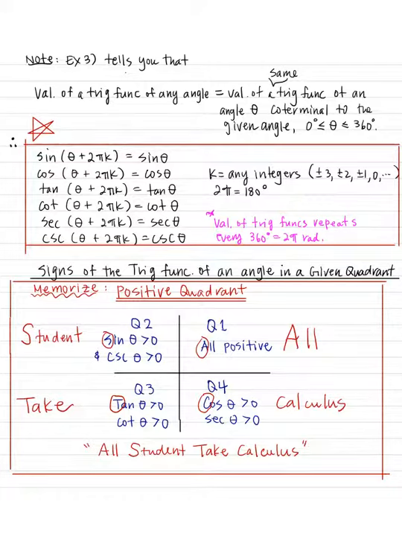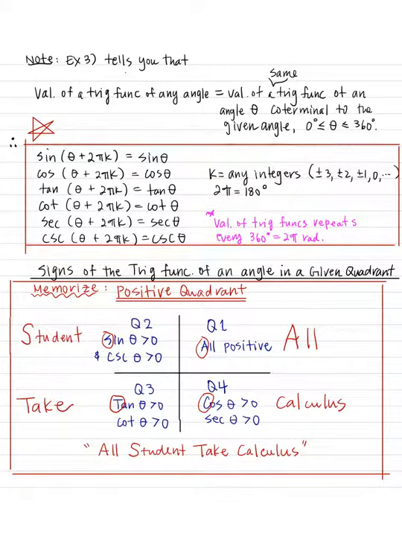Does that make sense? So sine of theta plus 2 pi k, where k is any integer. In this case, k was 1, and for example A, that's going to equal sine of 30 degrees, which would be just sine of theta. And cosine of theta plus 2 pi times k is cosine of theta, and so forth.